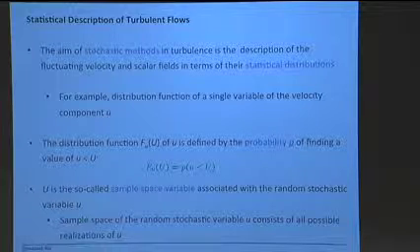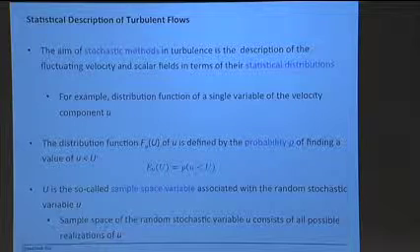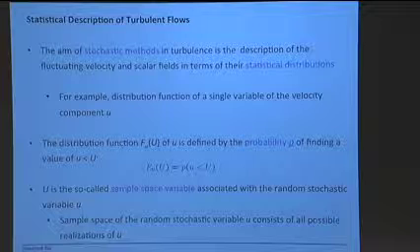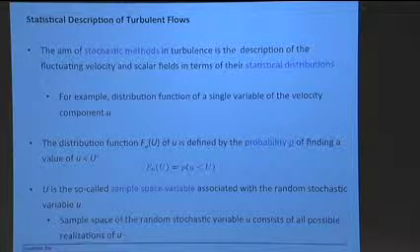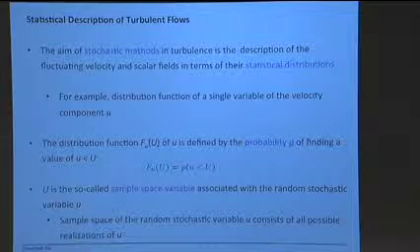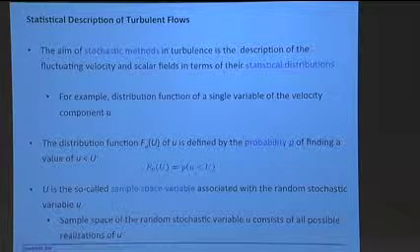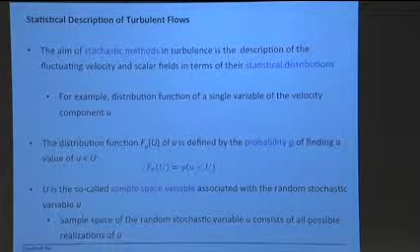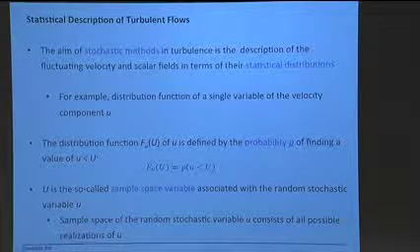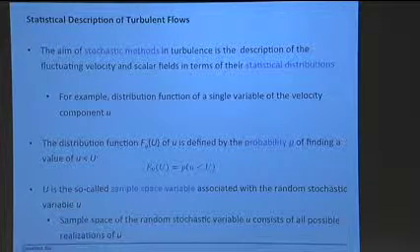So you fix a value capital U, say 5 meters per second, and then you can evaluate the probability for which u is smaller than these 5 meters per second. Let's say that's 30%, and then you can vary this capital U. You can make it infinity, and the probability of finding velocity lower than infinity is 1. And you can make it minus infinity, and the probability of finding a velocity smaller than minus infinity is 0.